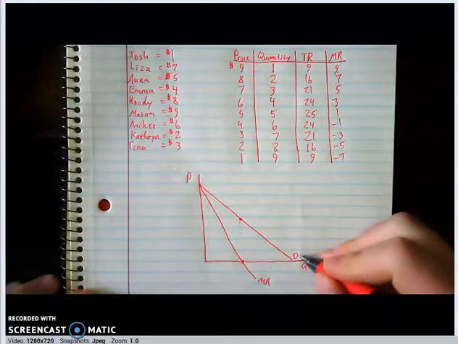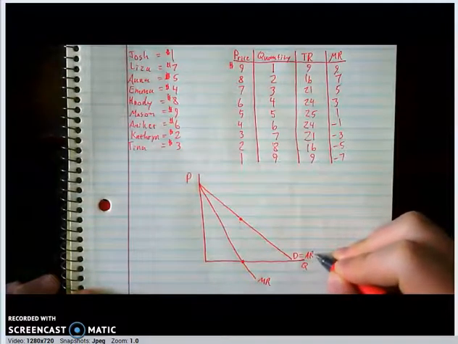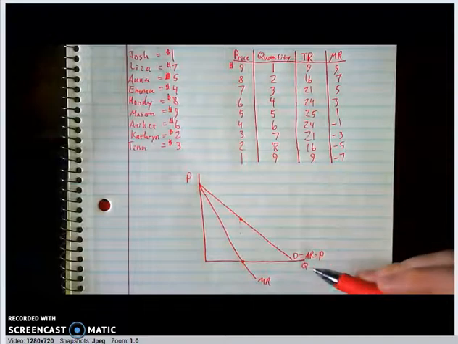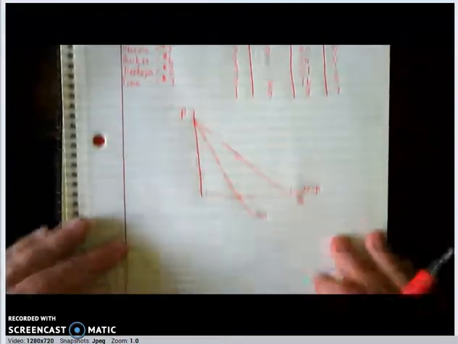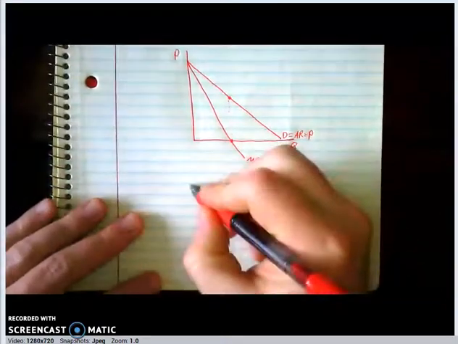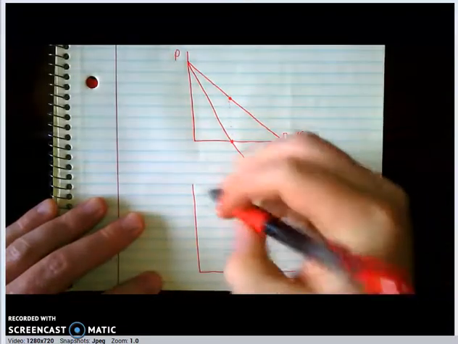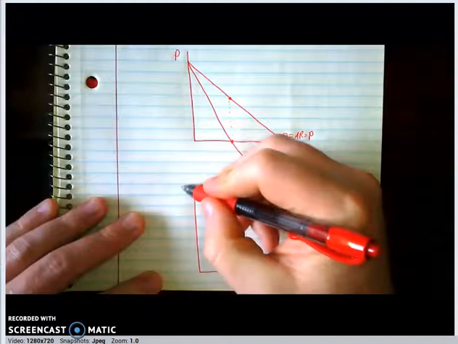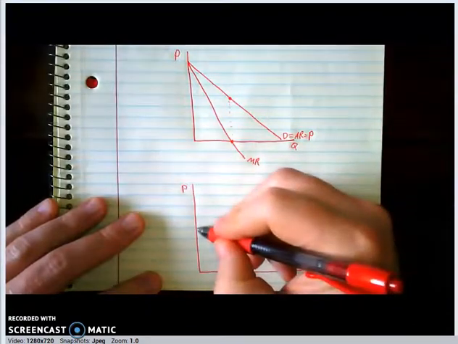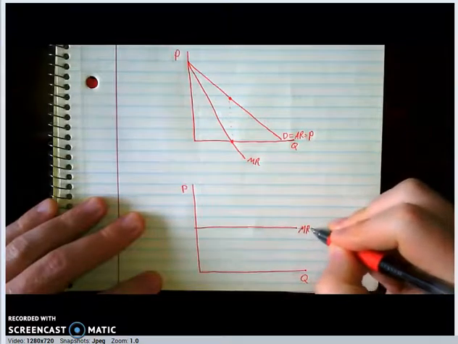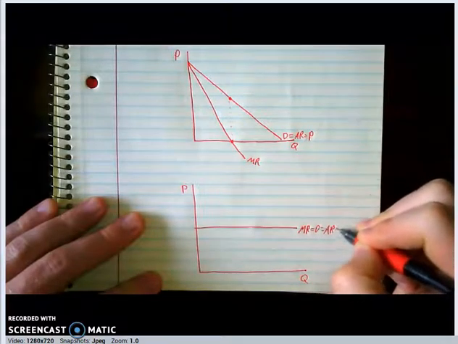Now this demand is also our average revenue, and it's also our price, but it's not our marginal revenue. This is different than a perfectly competitive firm. A perfectly competitive firm would look like this. It'd be price and quantity. You can do dollar value, you can do price here, it doesn't matter. But for a perfectly competitive firm, this would be marginal revenue, demand, average revenue, and price.